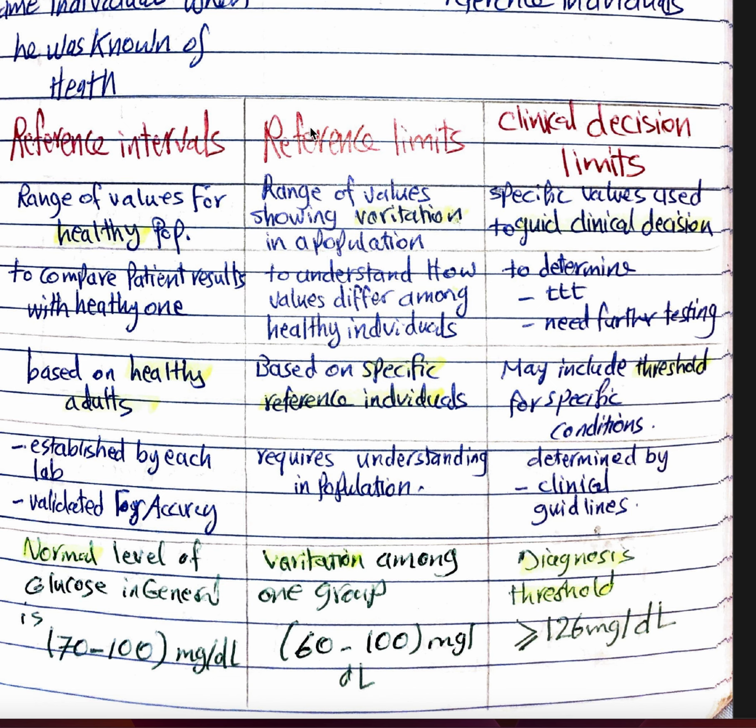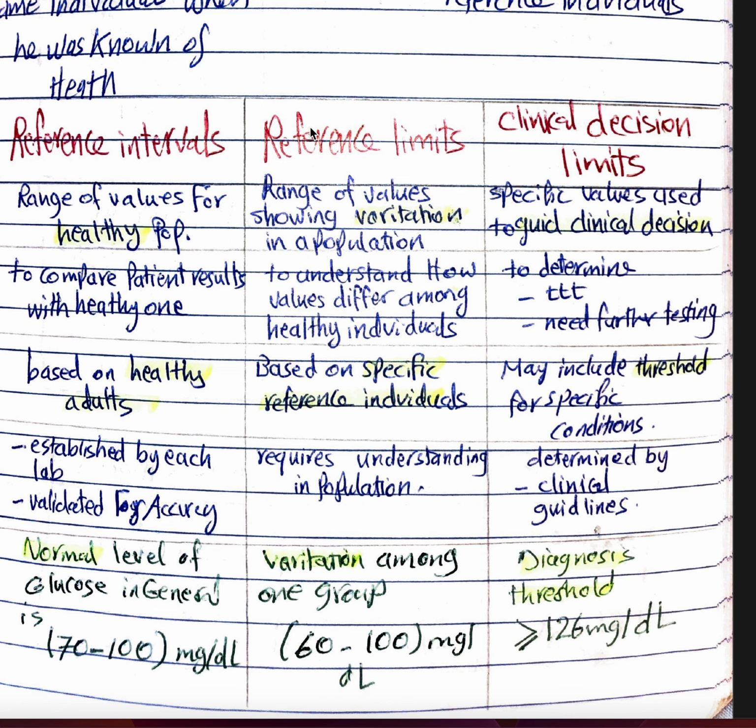The reference limit shows how these normal healthy levels differ among individuals. Each individual has a number, and we subdivided it into subject-based reference limits and population-based reference limits, which just show how the normal levels vary among individuals.